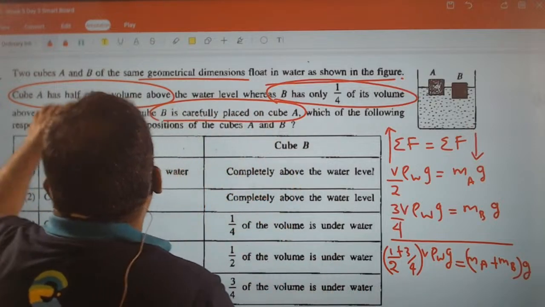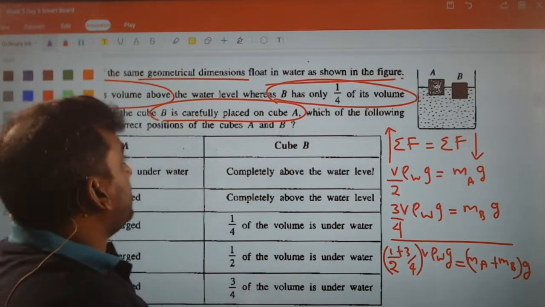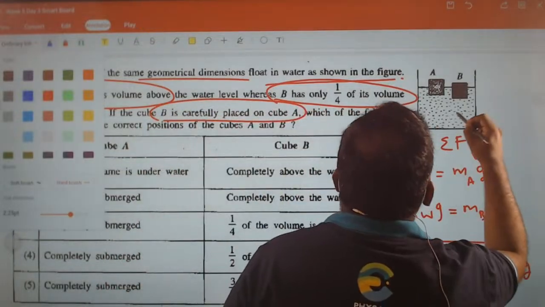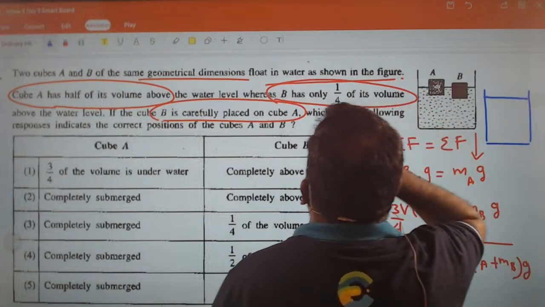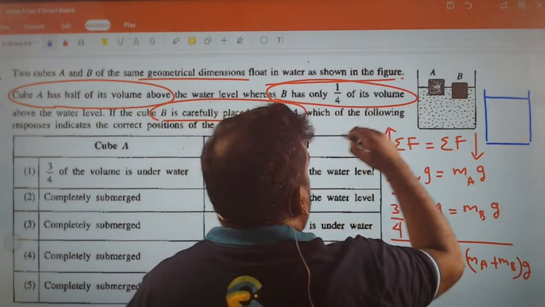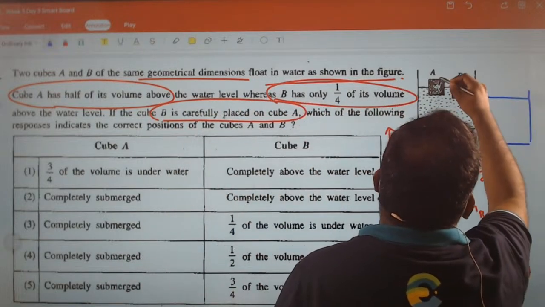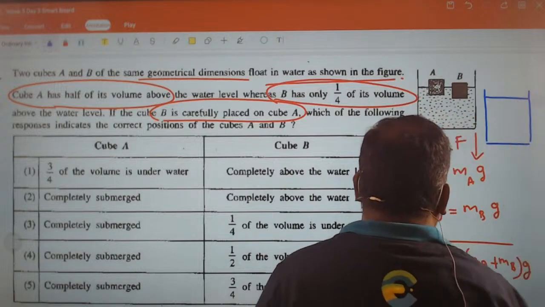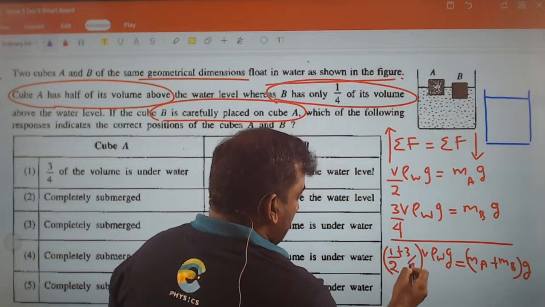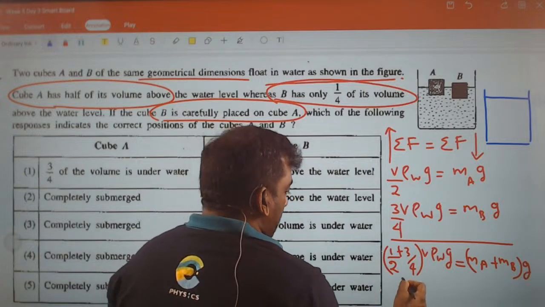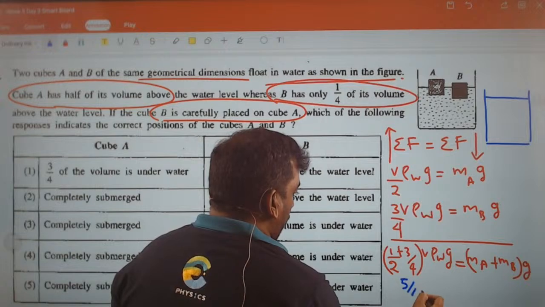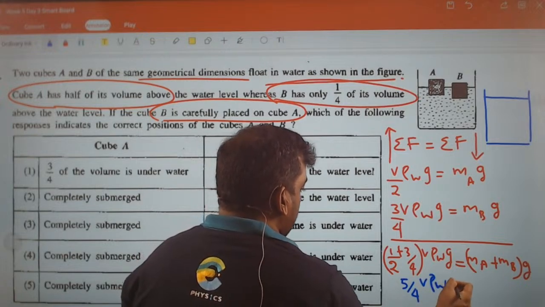You all know this bit. If you keep B on top of A, what will happen? Half and 3/4 means 5 over 4 V rho W g.